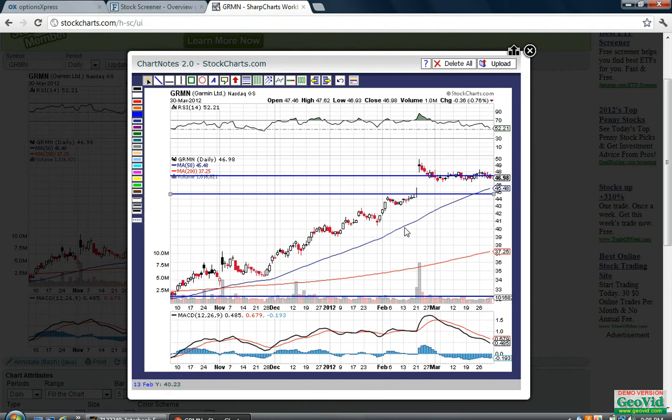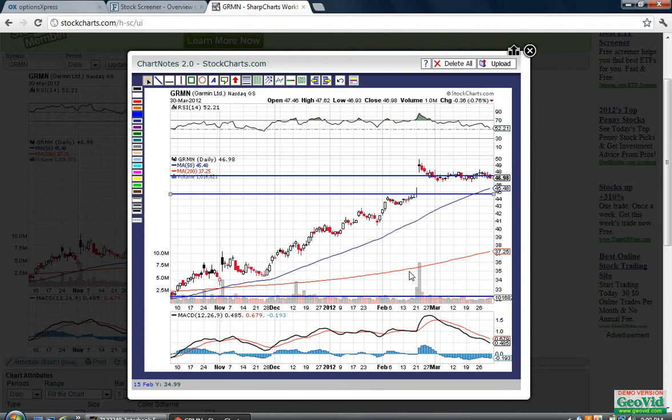The red one right here is the 200-day moving average, which is way below the prices. The 200-day moving average is about $37.27, and the price right now is $46.98, which is about $10 more. So from my perspective, it's an overbought share for this company.